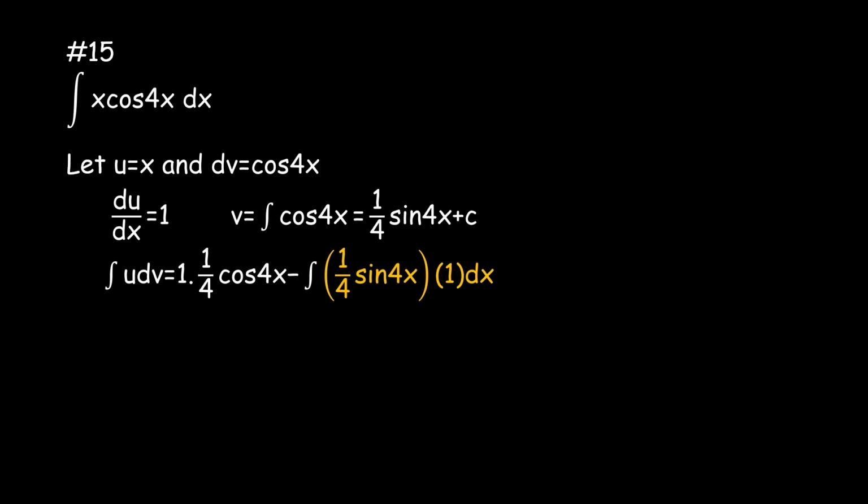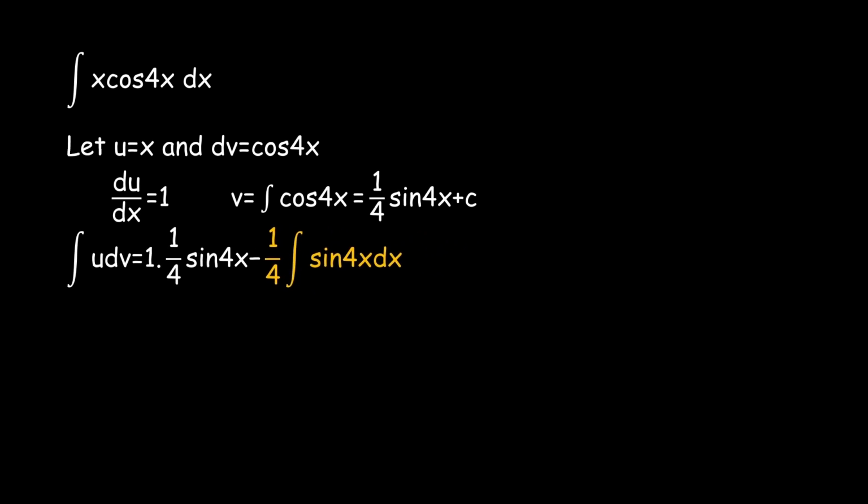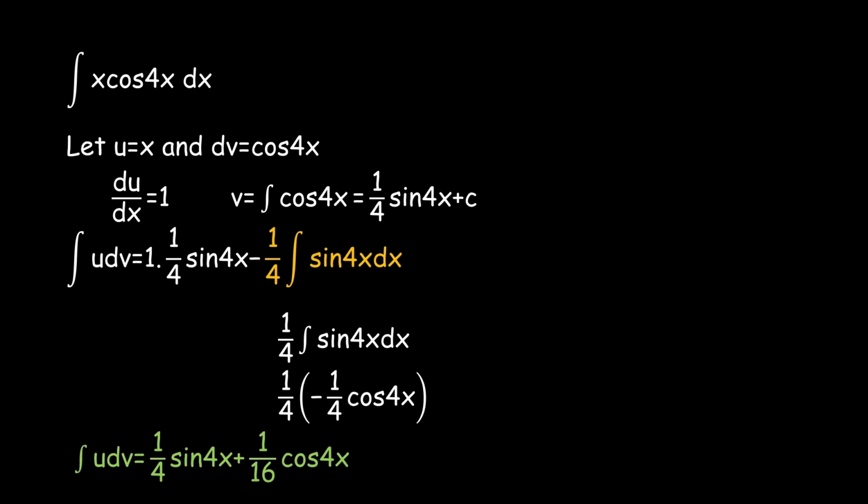So we take out the constant, and if we integrate sine of 4x, once again, we should get negative 1/4 cos 4x. Okay, simplifying that, we would have 1/16 cos 4x, and then our final answer would be 1/4 sine 4x plus 1/16 cos of 4x.